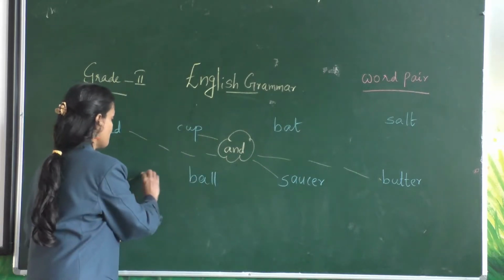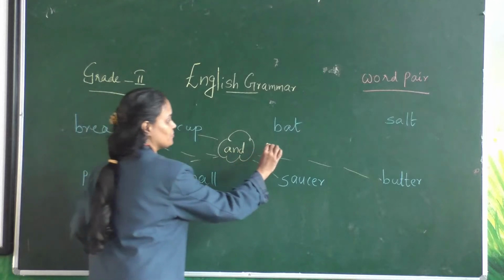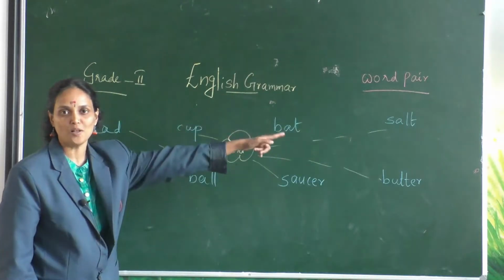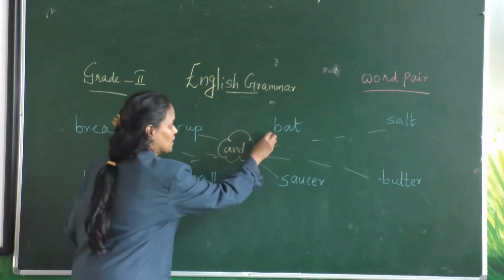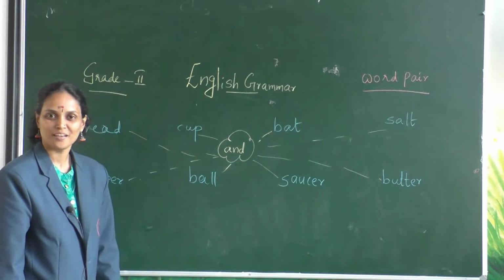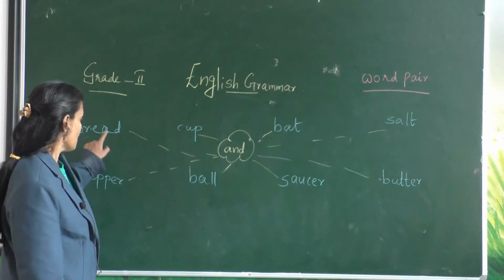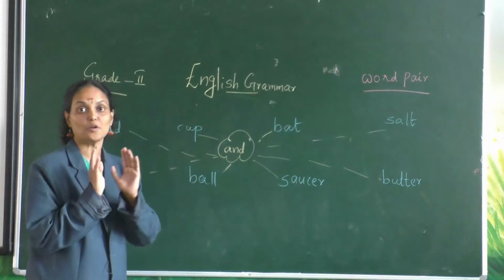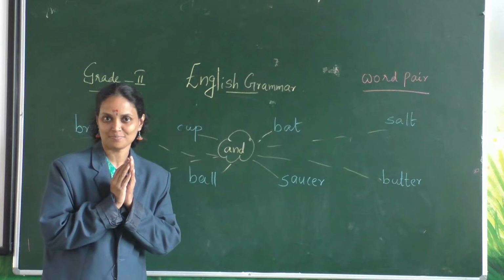Next one, pepper. Pepper and salt. Last one is quite obvious, bat and ball. So here we have got 1, 2, 3, 4 different pairs of words.